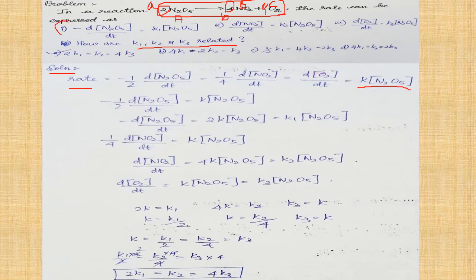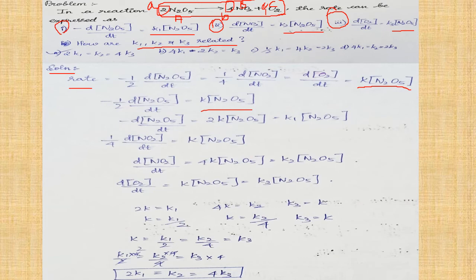See these options 1, 2 and 3, they have in common K N2O5, that is K1, K2 and K3. So we can write it as K N2O5 in common. Then we have to equate 1 by 1 to K N2O5.